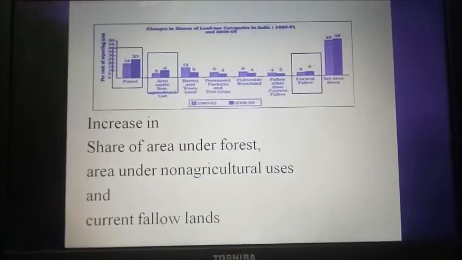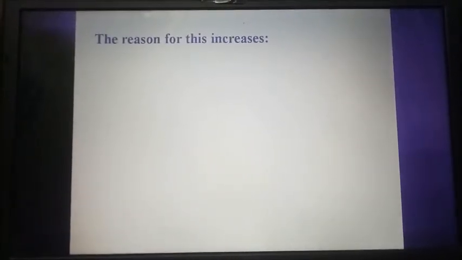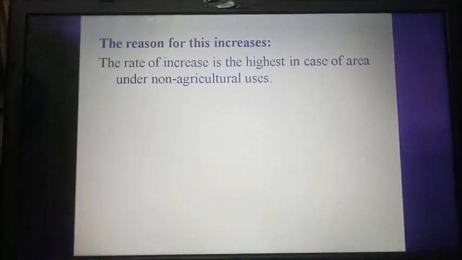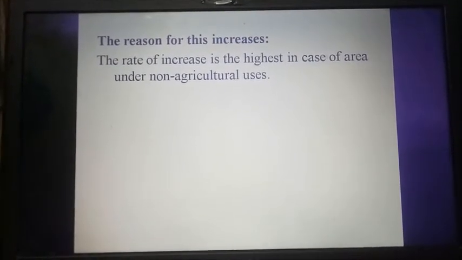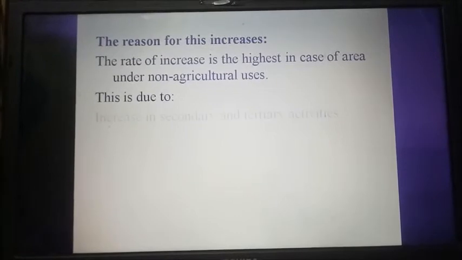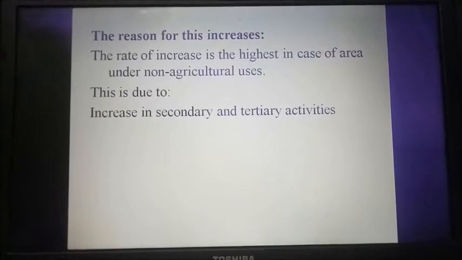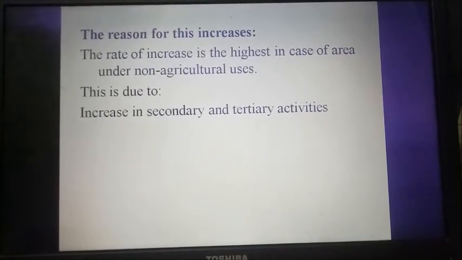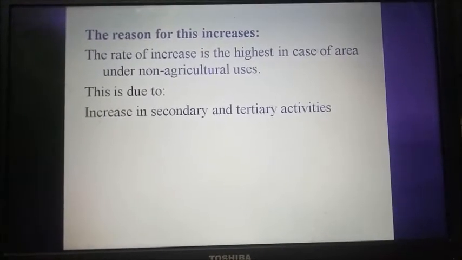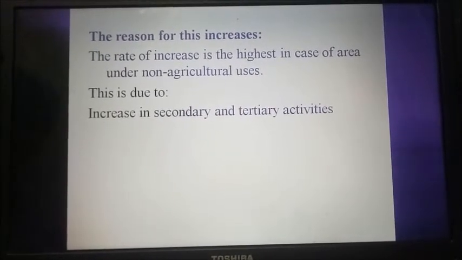What is the reason for the increase in these areas? If you look at the forest area, it has increased as per the government records, but this is not true, as we have already studied in the previous part, that forest area and forest cover are two different things.